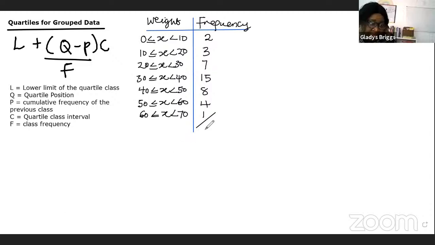Excellent. Well done. So now, the first thing you want to do is to extend the table to include a column for cumulative frequency because you will need that, okay? So let's extend that table to include a column for cumulative frequency.